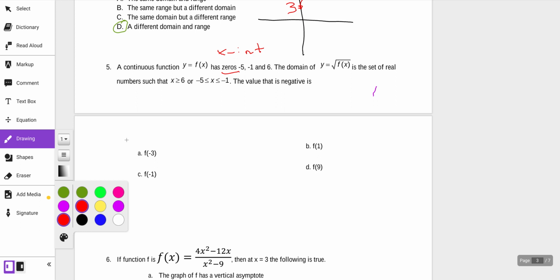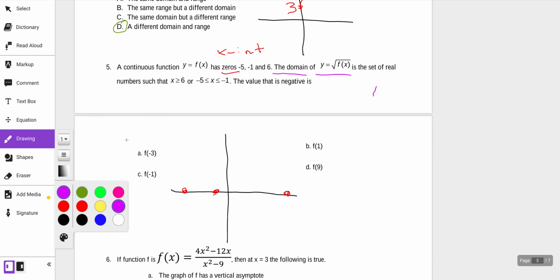Okay, so if we're talking about our original function, f(x), the only thing we know about is the x-intercepts. They're at -5, -1, and 6. They then tell you the domain, so possible x values for when you square root f(x).